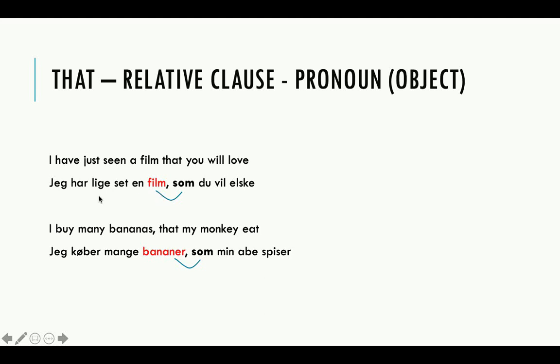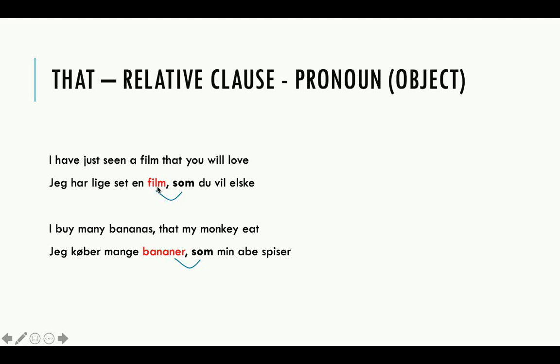So in this case, I have just seen a film. Okay, so now this relative clause adds something to the word film. Som du vil elske, that you will love. So som here is not the subject, because you can see here, du vil elske, du is the subject. And what will you love? You will love the movie.